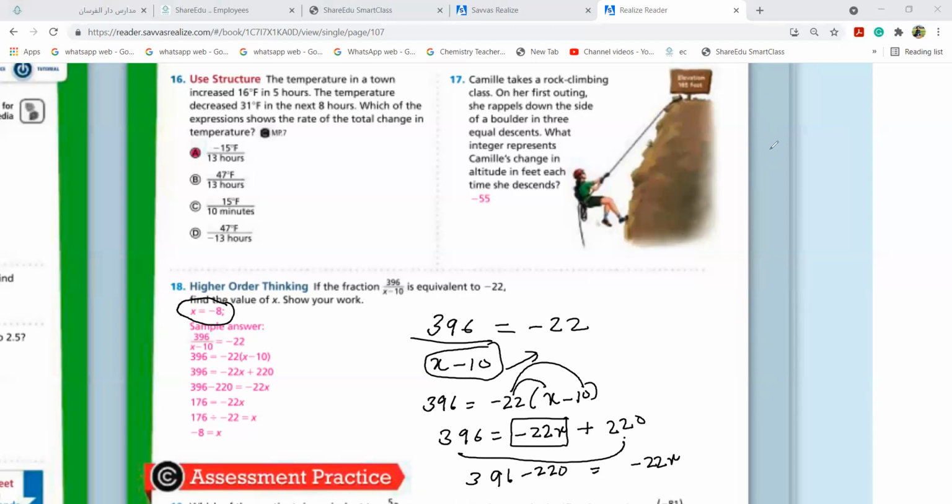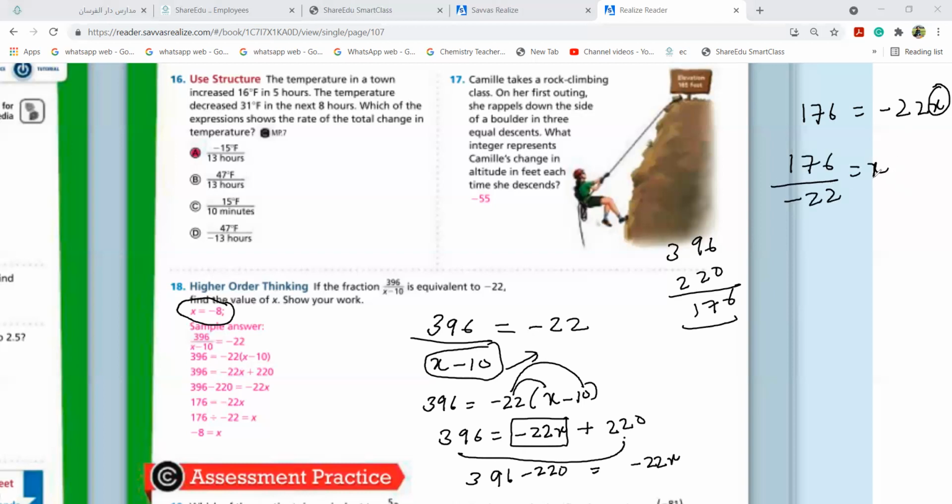When I subtract, you get positive 176. To make x alone, it is multiplied by 22, so multiplication becomes division. It's not easy at all, so just see it, don't even write it. We'll do algebra later, and I'll teach you then.